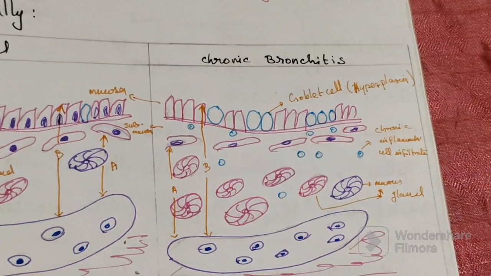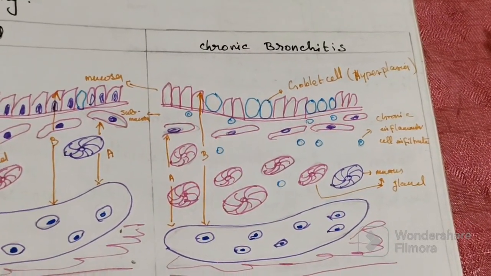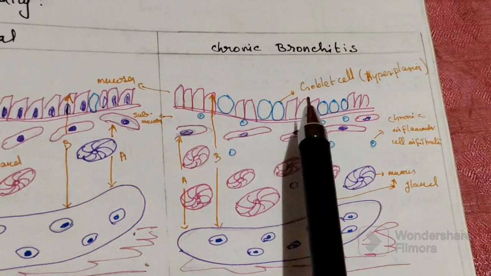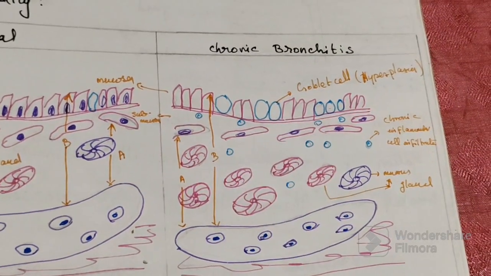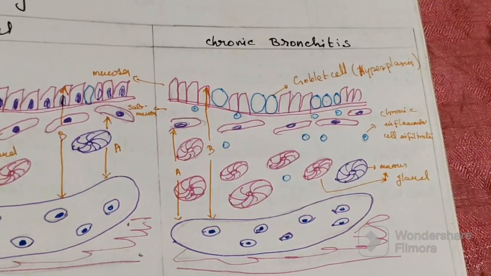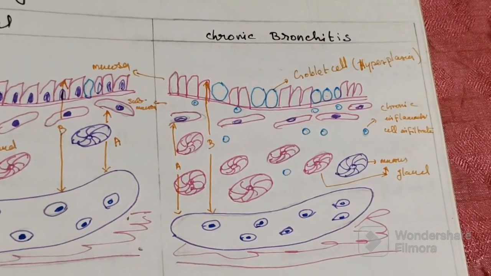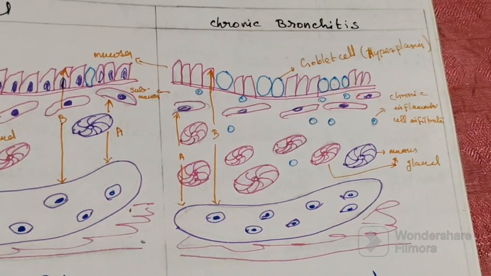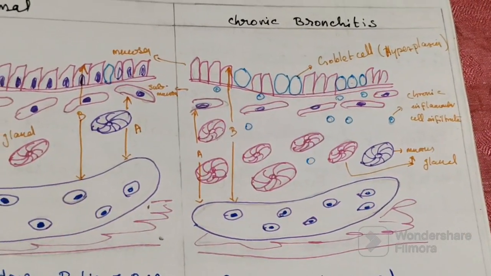The goblet cells increase in number. This is known as goblet cell hyperplasia, which is the picture of the mucosa in chronic bronchitis.